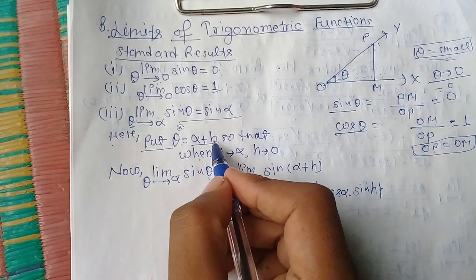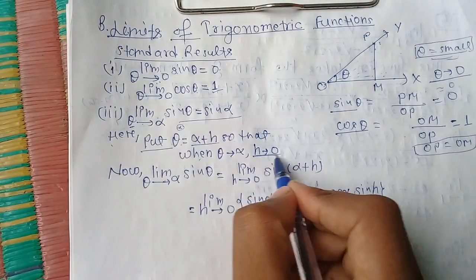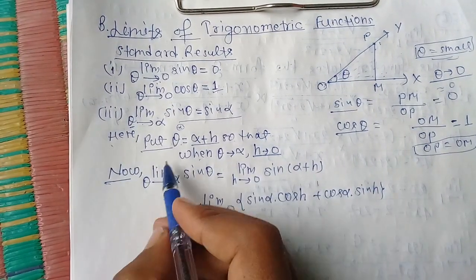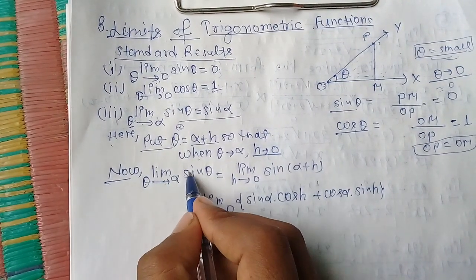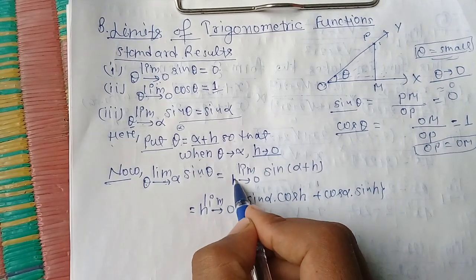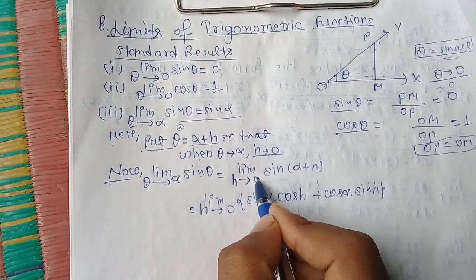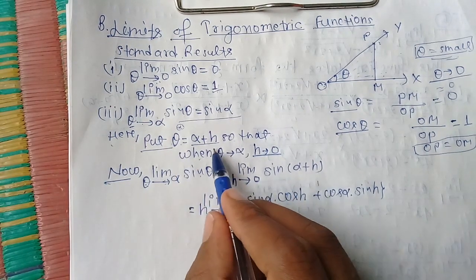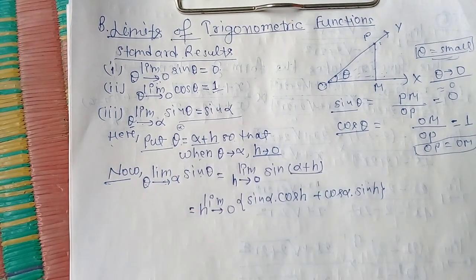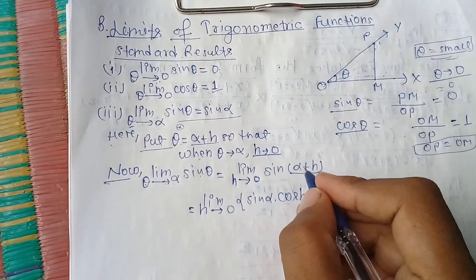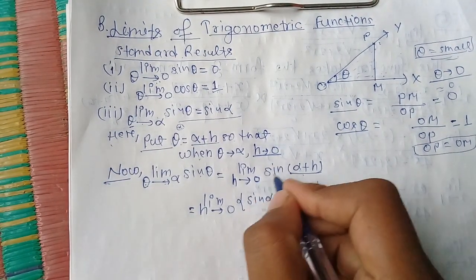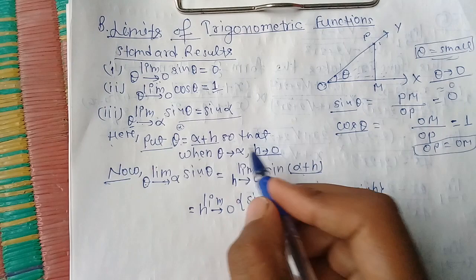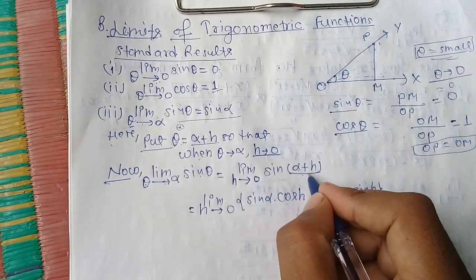So in this situation h tends to 0. Replace this theta by alpha plus h, मतलब थीटा को सट्टोमा अल्फा प्लस एच राख्ने.